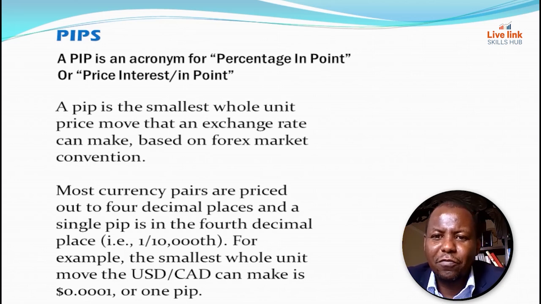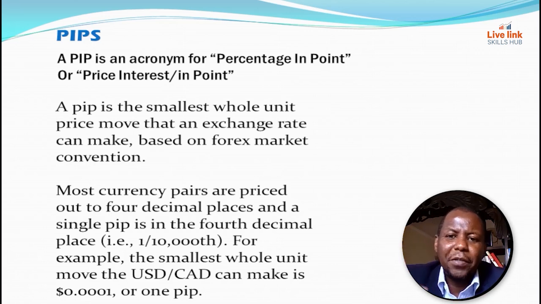That small whole unit in the rate is what is called a pip according to the forex market convention. The forex market as a whole understands what a pip is, so a pip is not $1 or 1 yen; it's a certain value that is understood by the forex market, and you will understand it too. Most currency pairs are priced out to 4 decimal places, and a single pip is in the 4th decimal place.